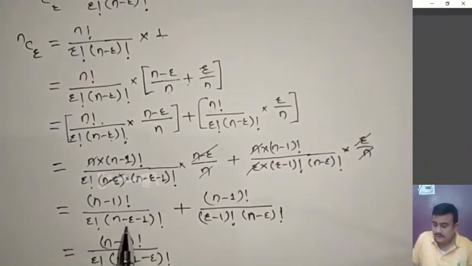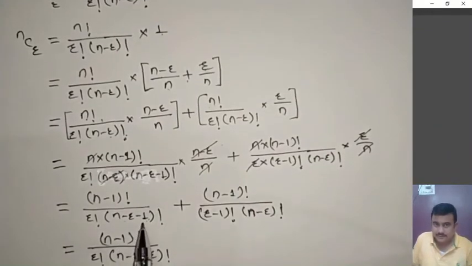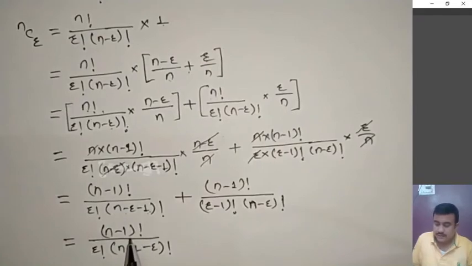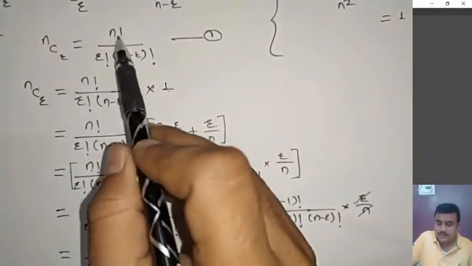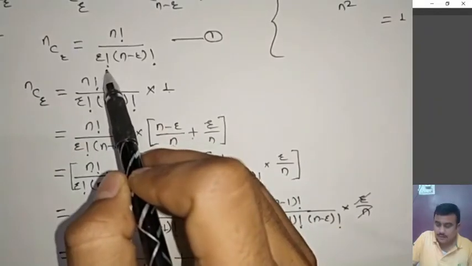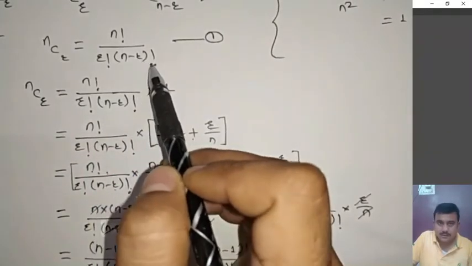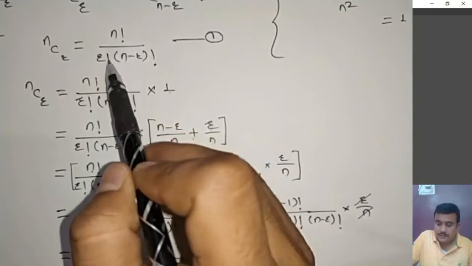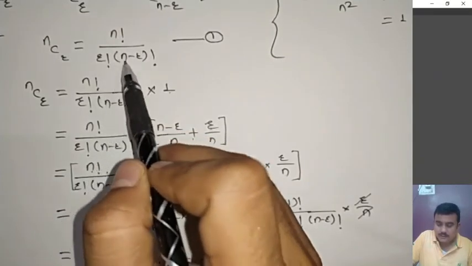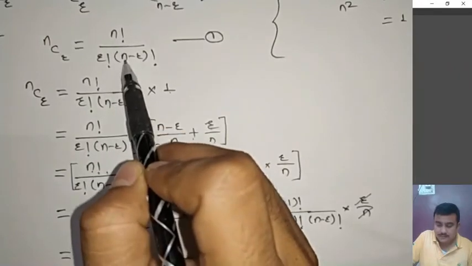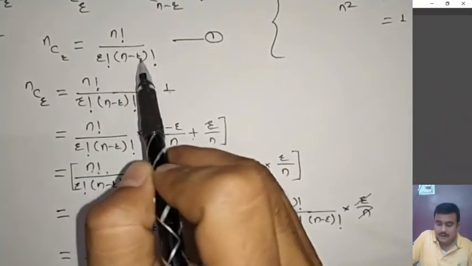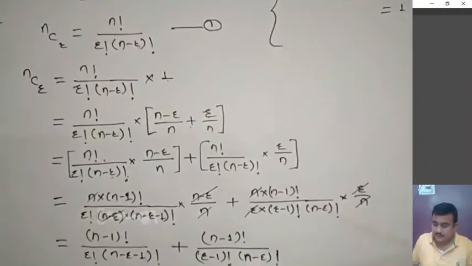I'm just rearranging this minus r and minus 1 because we know that in our formula nCr equals n factorial divided by r factorial into n minus r factorial, that is the numerator term and denominator term. Both have subtraction here, so n minus r, that's why we are writing it over here.